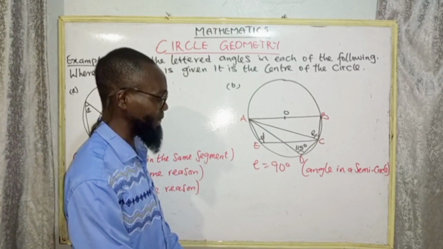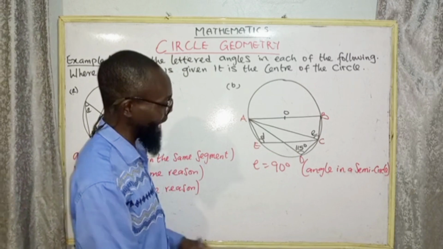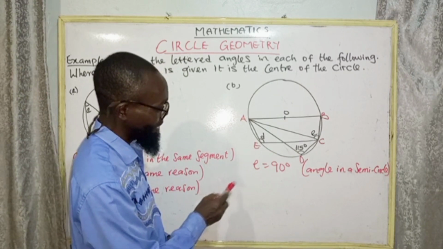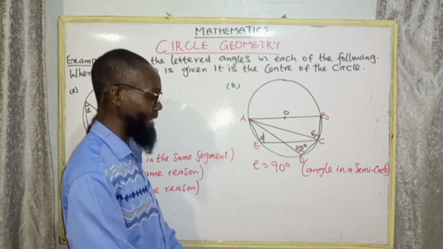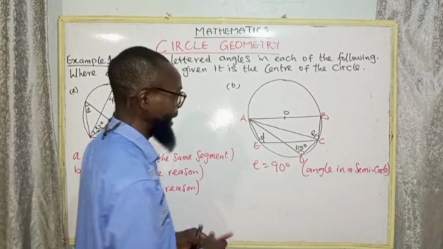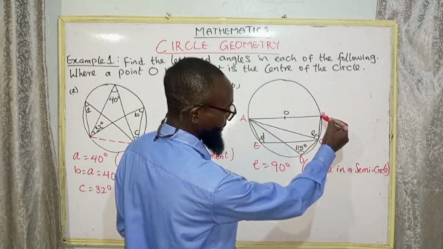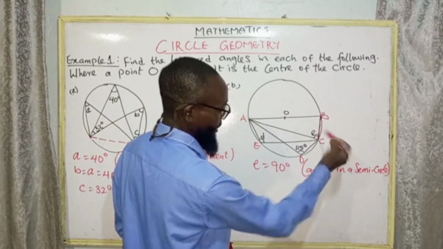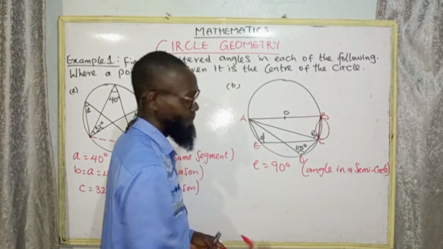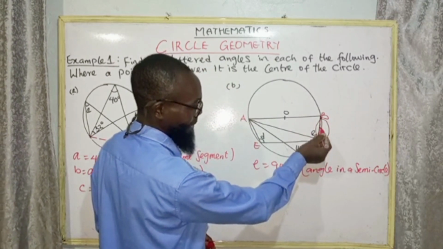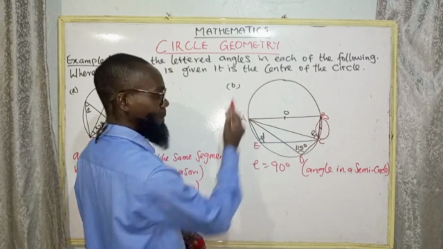When we now look at this angle D and 115 degrees, they are in the same segment. How? Let me consider this line BC. You can see this small segment here. This small one here is a minor segment, while the remaining part is the major segment.